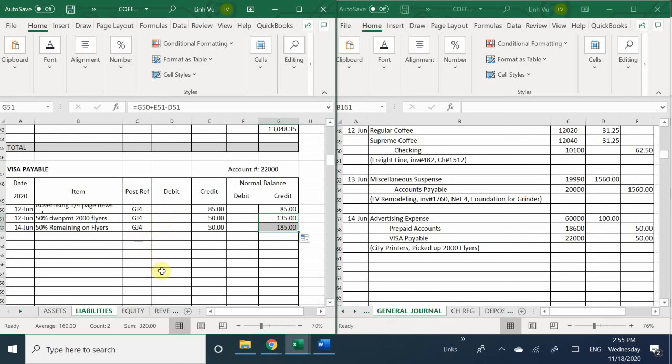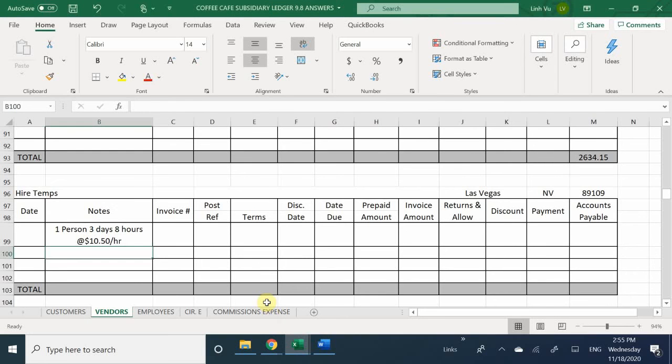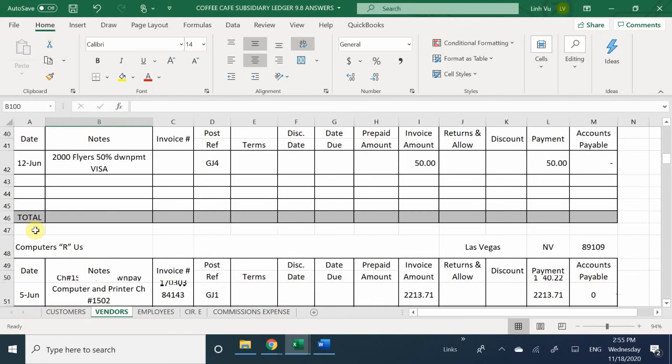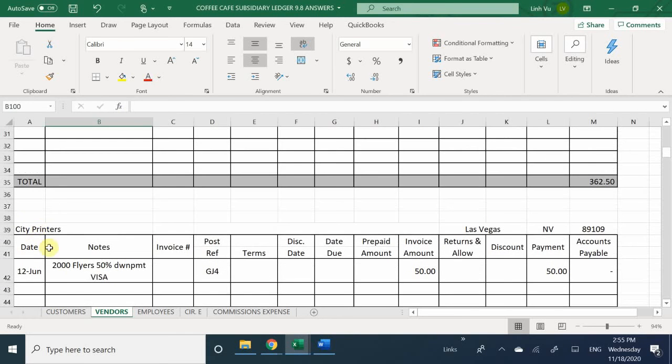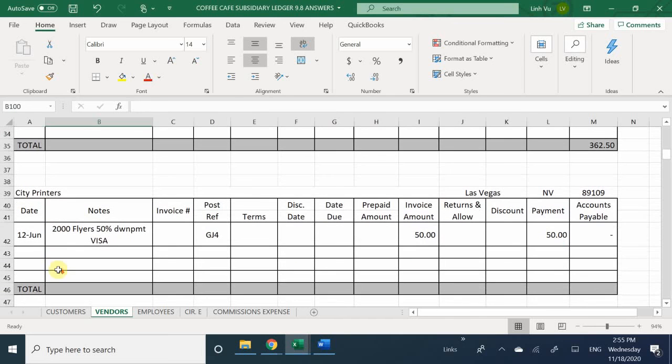Okay, good. Now we finished our ledger, so let's update our vendors now. So now we can go back down to City Printers again, and this time we can go ahead and claim the rest. Okay, so here we go, the 14th, right?